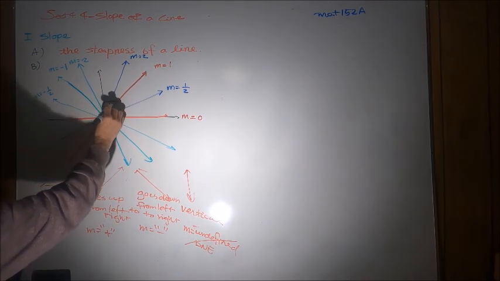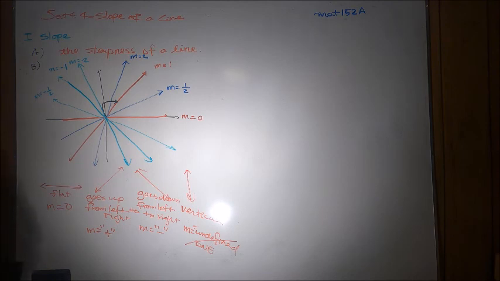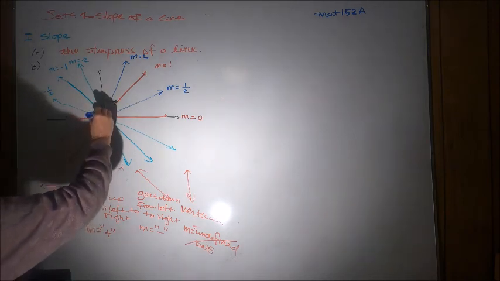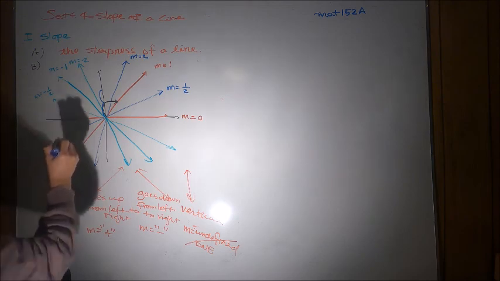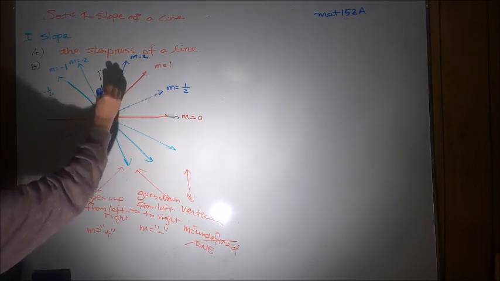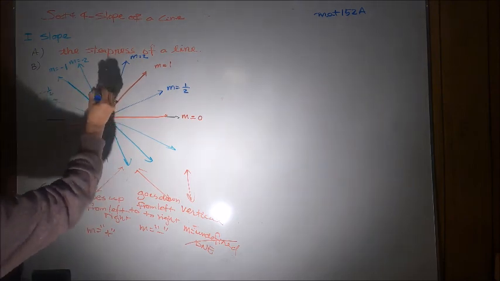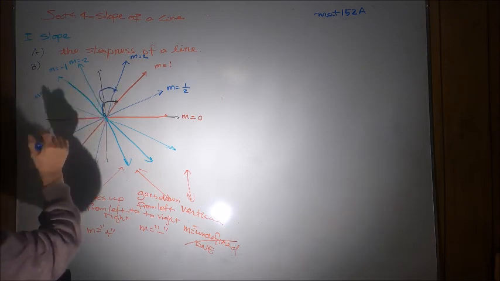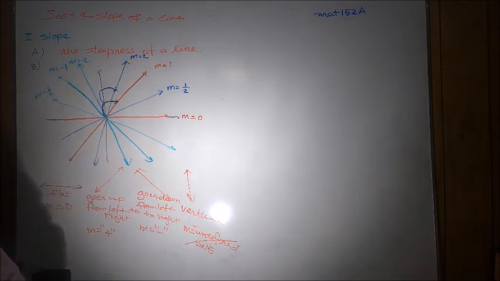If it's a 1-to-1 ratio, we call that slope 1. If twice as much, that means you need to walk up 2 steps and run over 1 step. That would be twice as much, right?